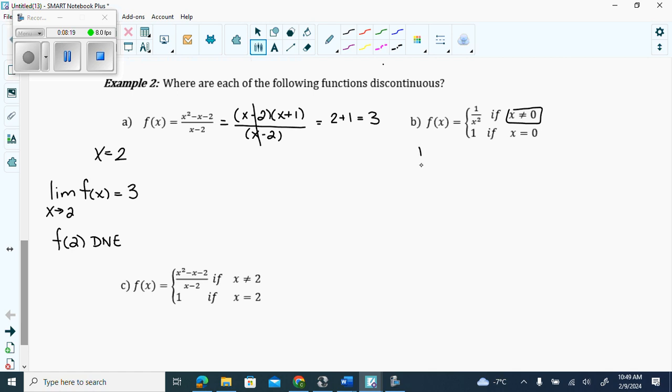So if I did the limit as x approaches 0 from the left, I would use this formula, 1 over x squared, and it wouldn't exist. And we could do it from the right, and it wouldn't exist. But we would get asymptotes. So from the left, put 1 over x squared into your calculator if you want. One of them is going to approach positive infinity, one of them is going to approach negative infinity on the opposite sides of 0.